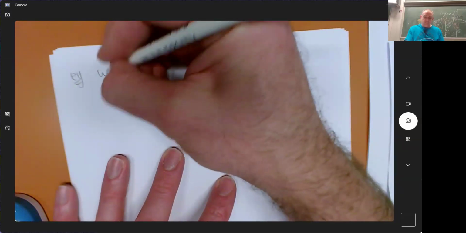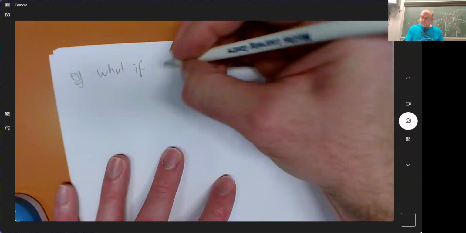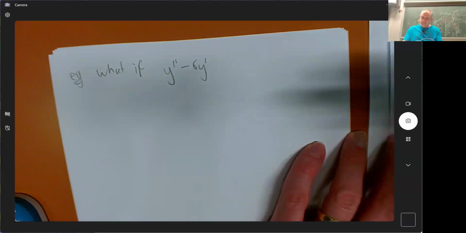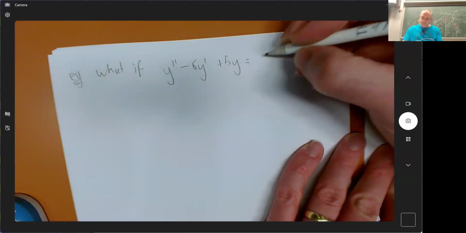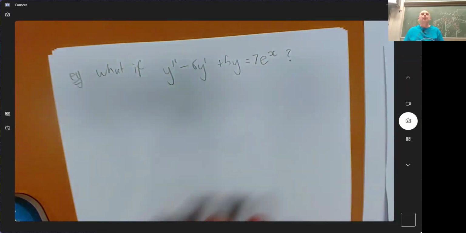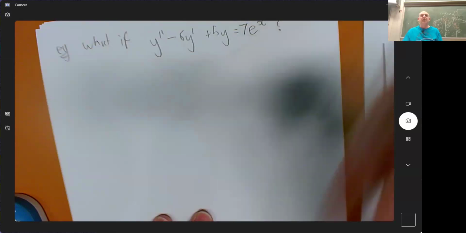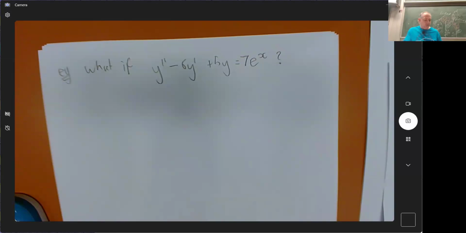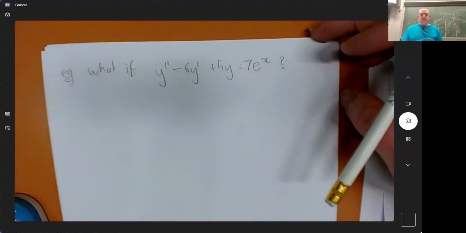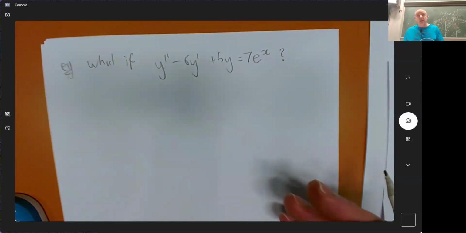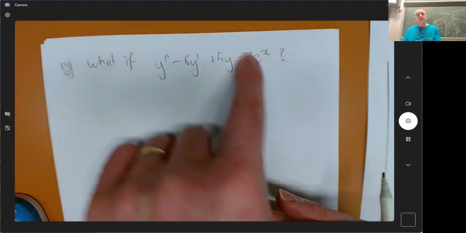So what if that's a 7 e to the power of x? That's good. In that case, the homogeneous is the same because this part's the same.